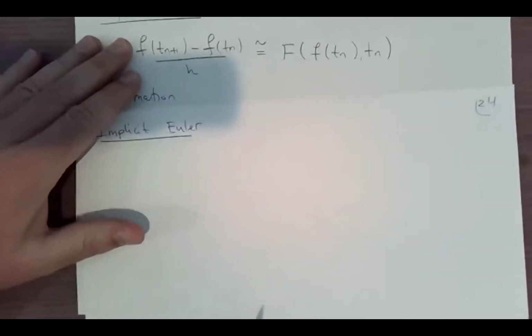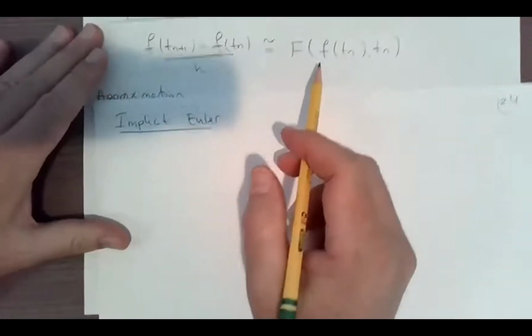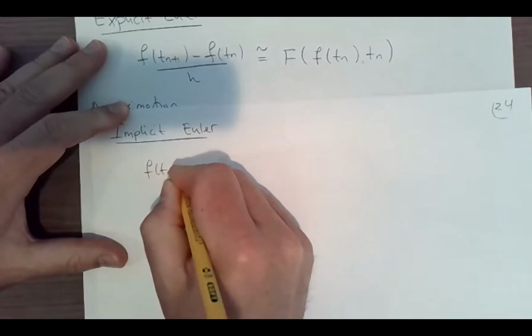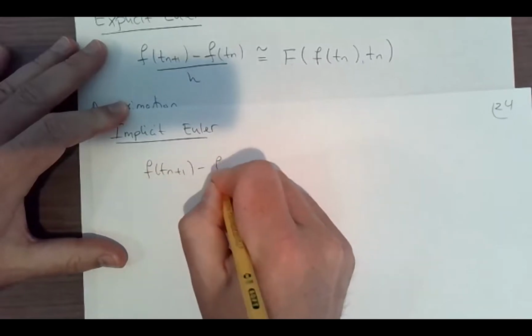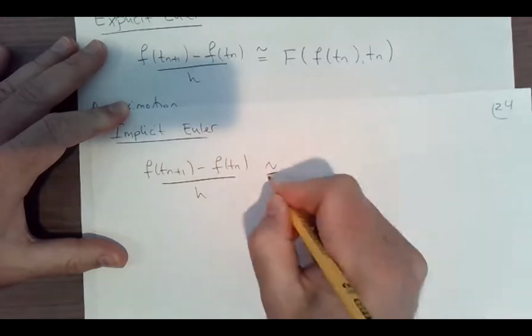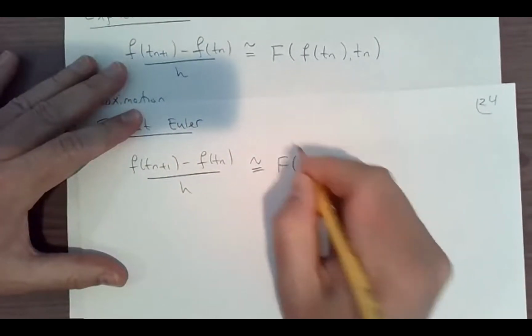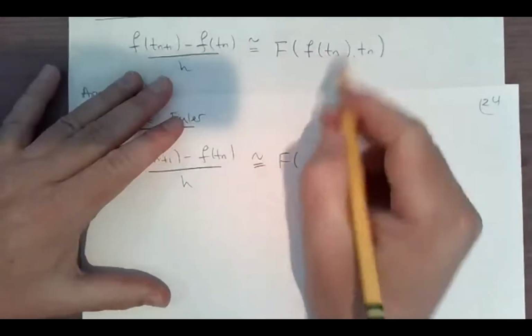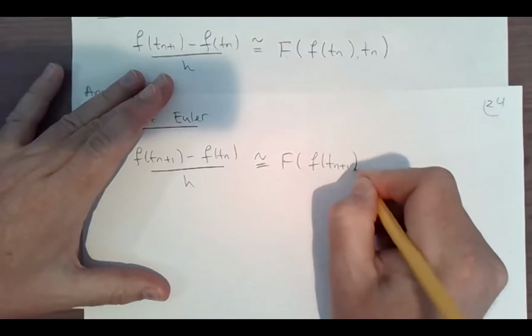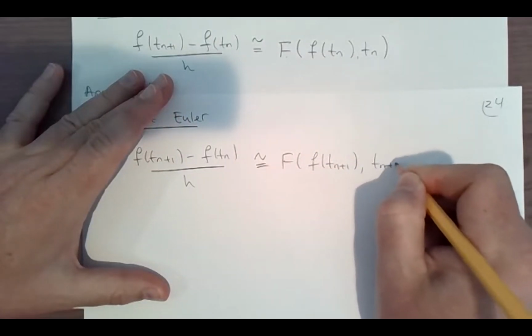Do the implicit Euler. So it's roughly the same as what you have here, but not quite. You would approximate the derivative with the right endpoint, so t_{n+1}.